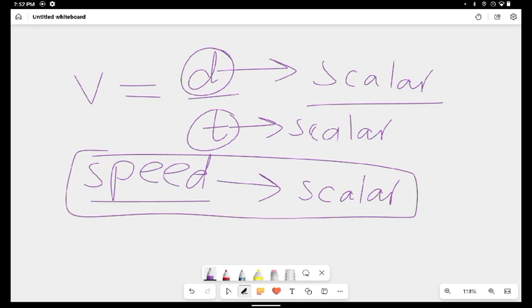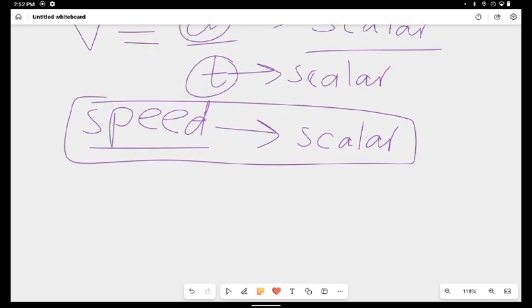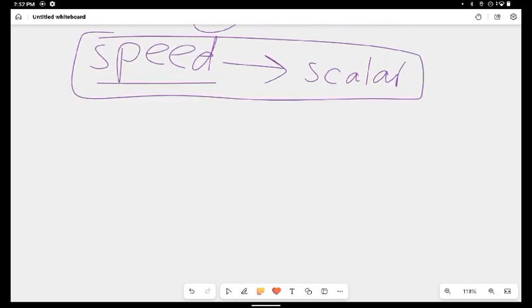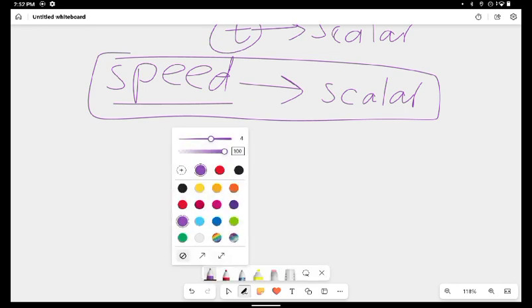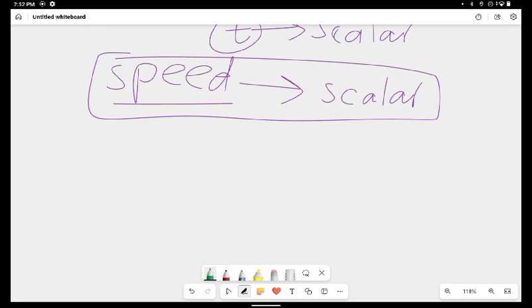Now what do we mean by speed? Distance traveled. Let's say a car travels from point A to point B in 5 seconds.